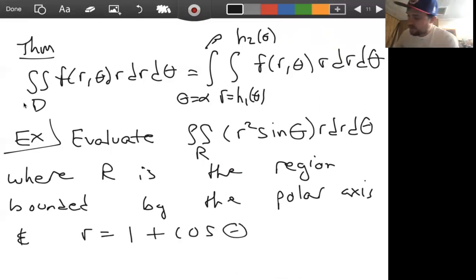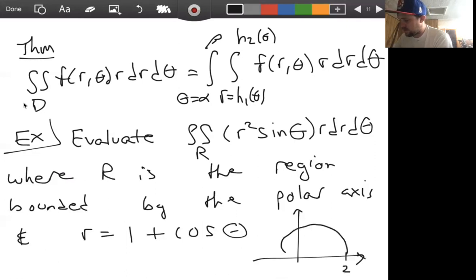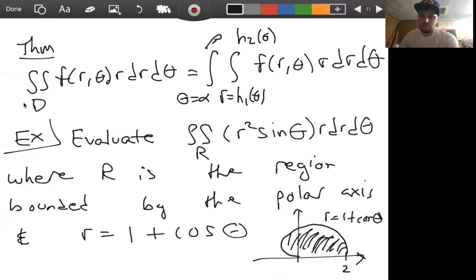Okay, and so here's quickly a little picture of this. We're bounded by the polar axis and the curve r equals 1 plus cosine theta, which kind of spirals like this. And so we want the integral over this region where r equals 1 plus cosine theta.